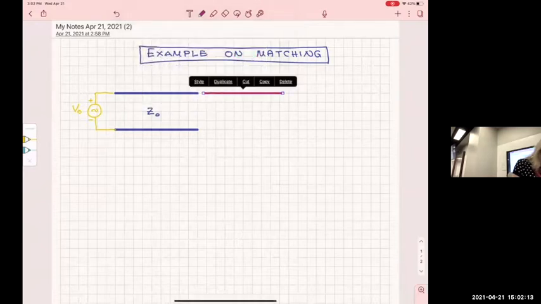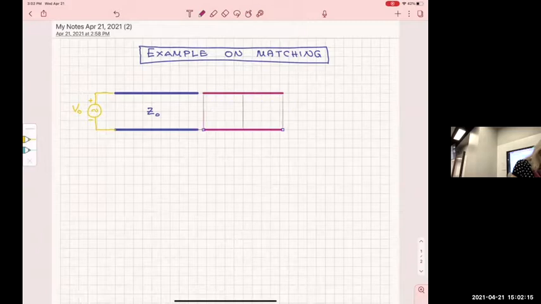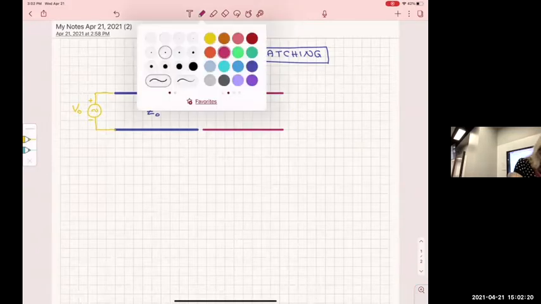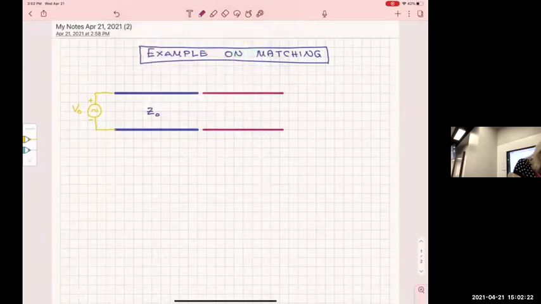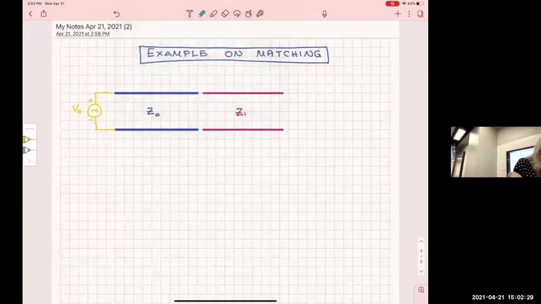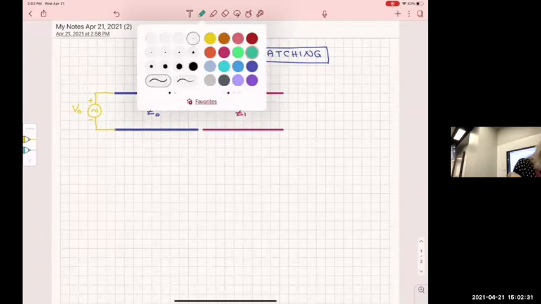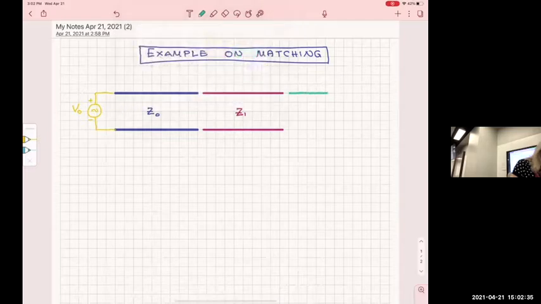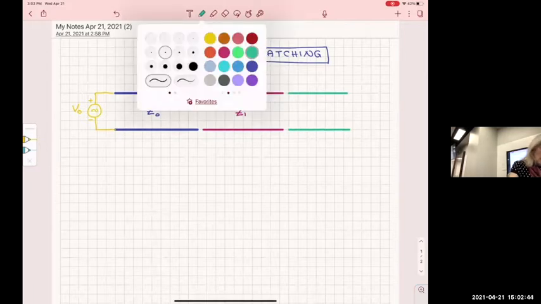All right, so that's another line that has a characteristic impedance of Z1. And then there is a third line at the end. And that is the last line that connects to a load. And the load for us is given.